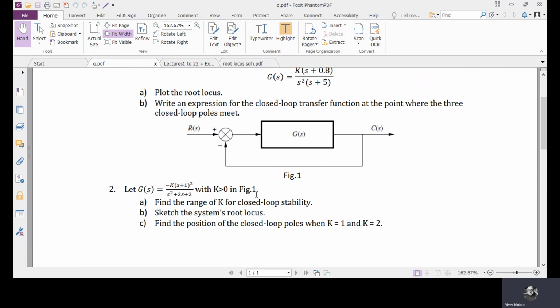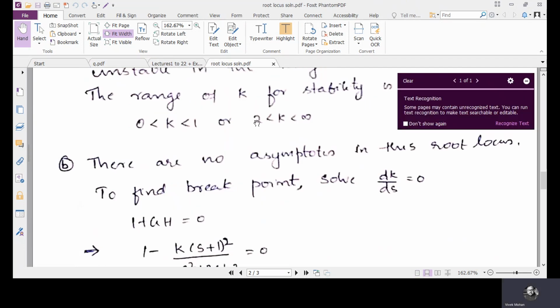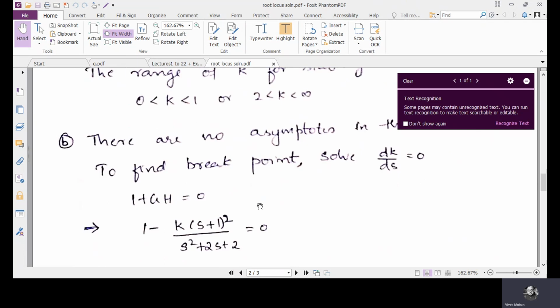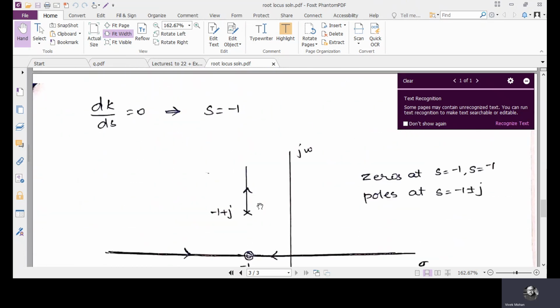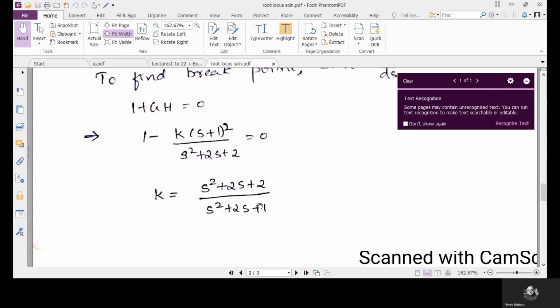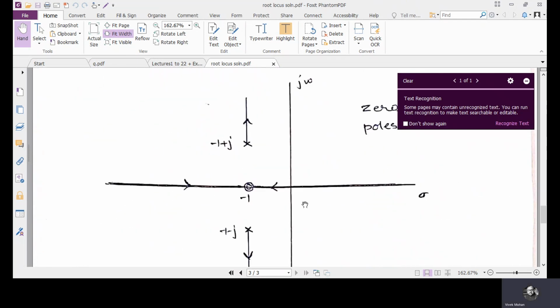Sketch the system's root locus. What's the system's root locus in this case? So let me first take the conditions for the real axis. Which segments of the real axis are part of the root locus here?